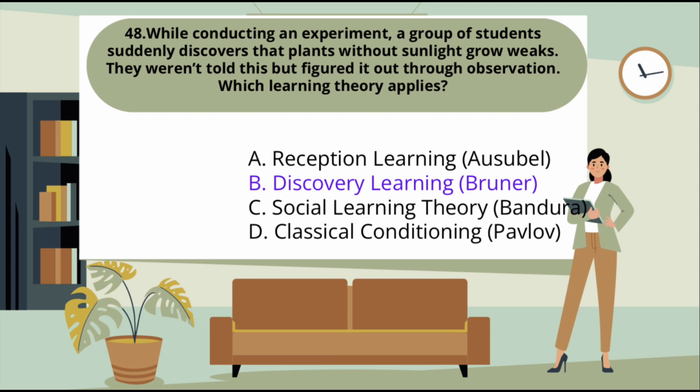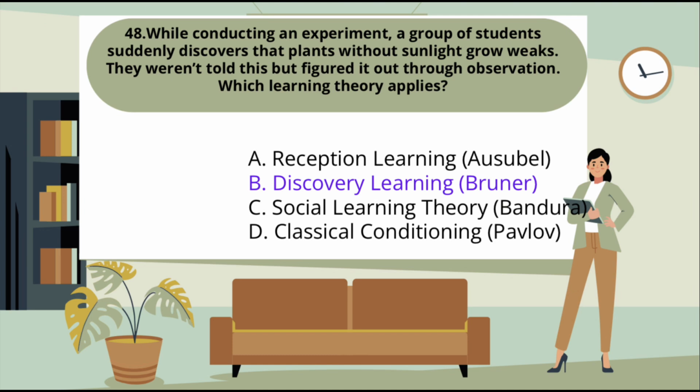So why not letter A, letter C, and letter D? Letter A. Why not letter A? Perception learning. Teacher gives the information. So dito sa situation natin, hindi naman yung teacher ang nagbigay ng information, kundi na-discover mismo ng mga student. So why not naman letter C, social learning?